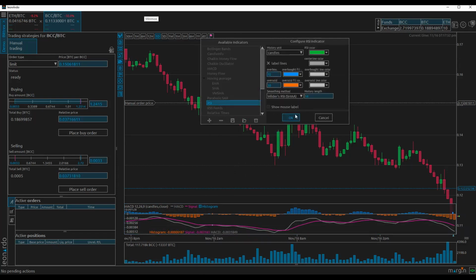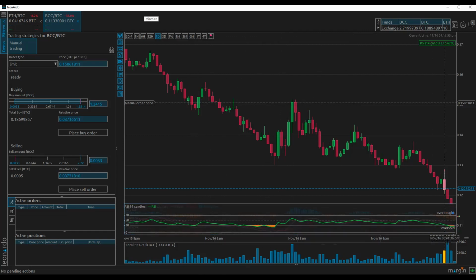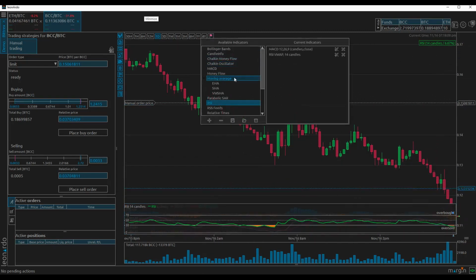That's another popular one as well that you can have. Yeah, so as you can see, Bitcoin Cash is really oversold, so it's probably going to go up soon. So this would be a good opportunity to actually buy some and trade. And then you also have other kinds of checking, money flow, candle info, Bollinger Bands, which is another popular indicator.